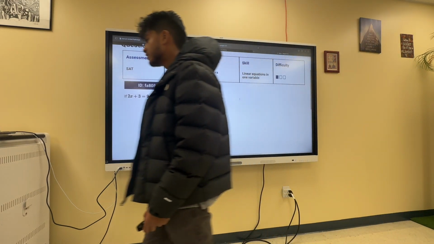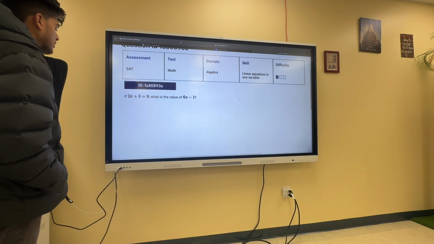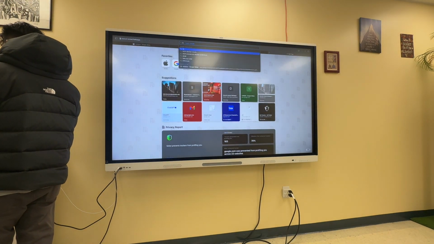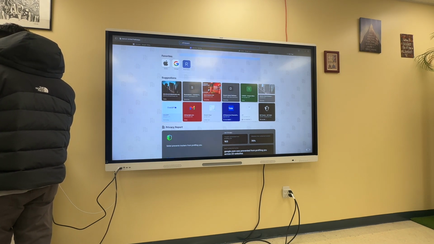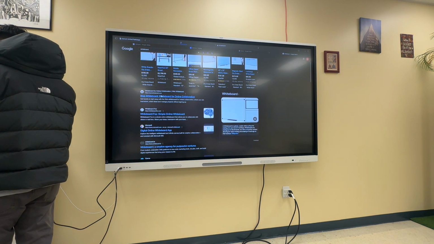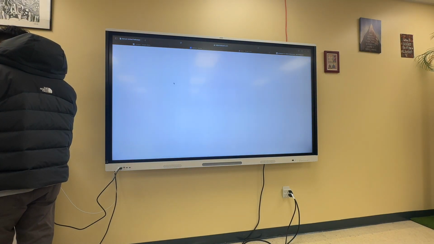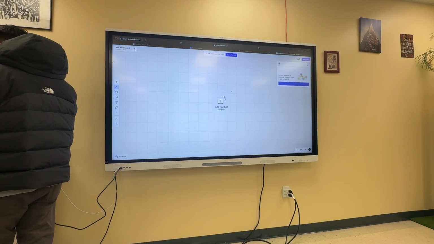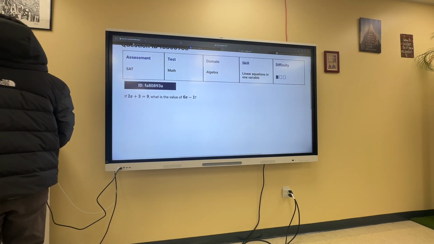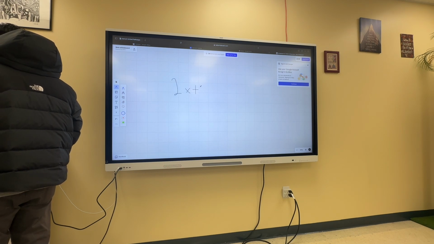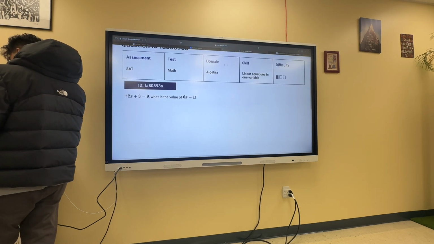You can deduce it with the simple math behind it. Let me pull up the whiteboard here. The question is 2x plus 3 equals 9, and then 6x minus 1.